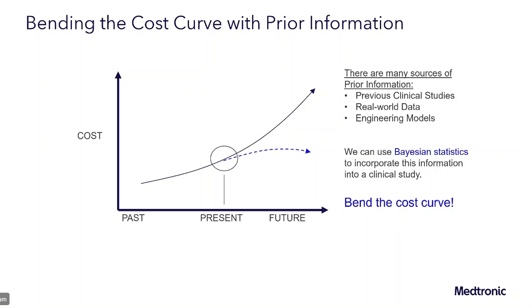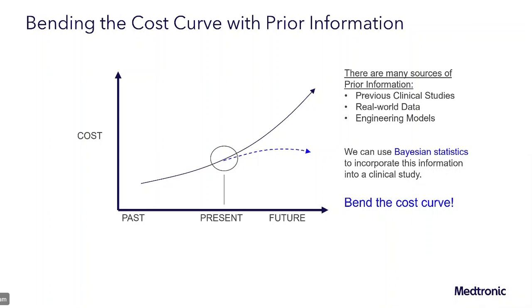Everyone has heard the term digital twin and all of these advanced methodologies to get at how a device can interact with the body, and those methodologies are getting incredibly sophisticated, and that information can definitely help inform your current clinical study.